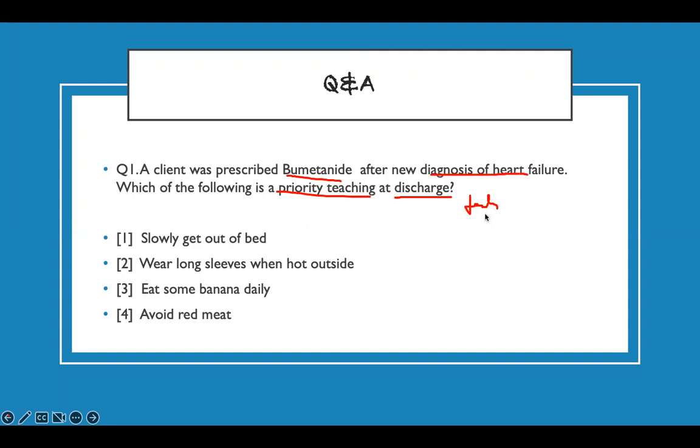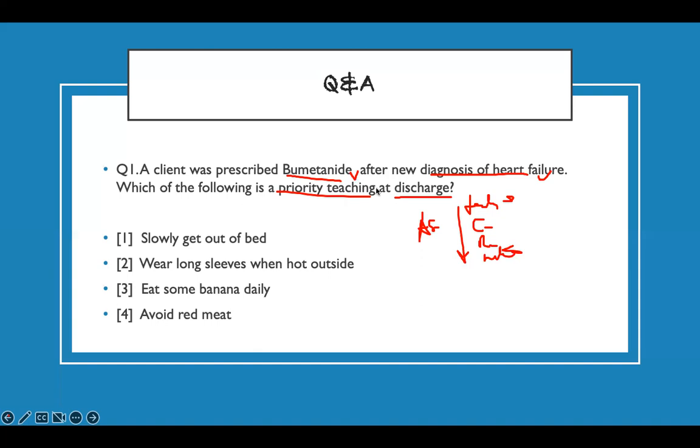The way I answer questions, if it's SATA or anything like that, first read the last statement of the question, and that will provide you with the ask, which is a priority function. And then you read the rest of it.